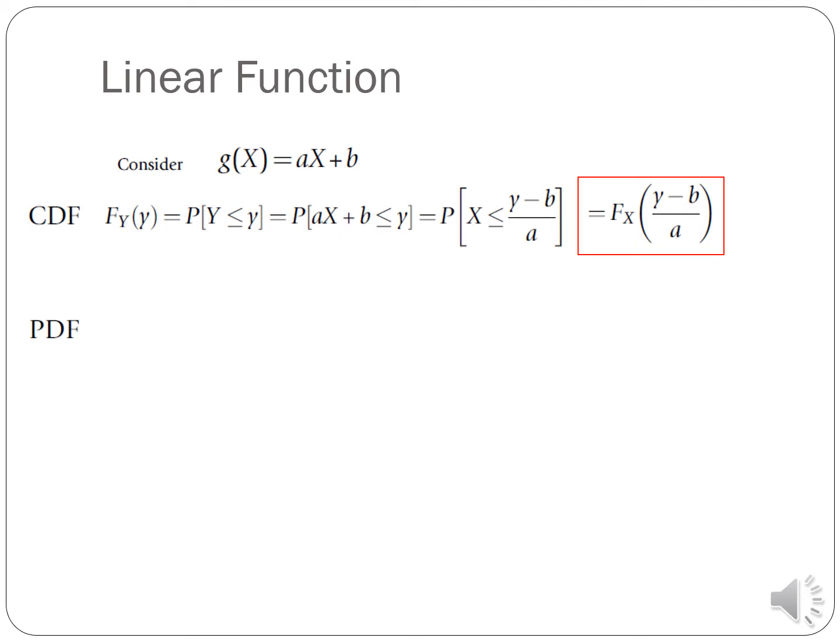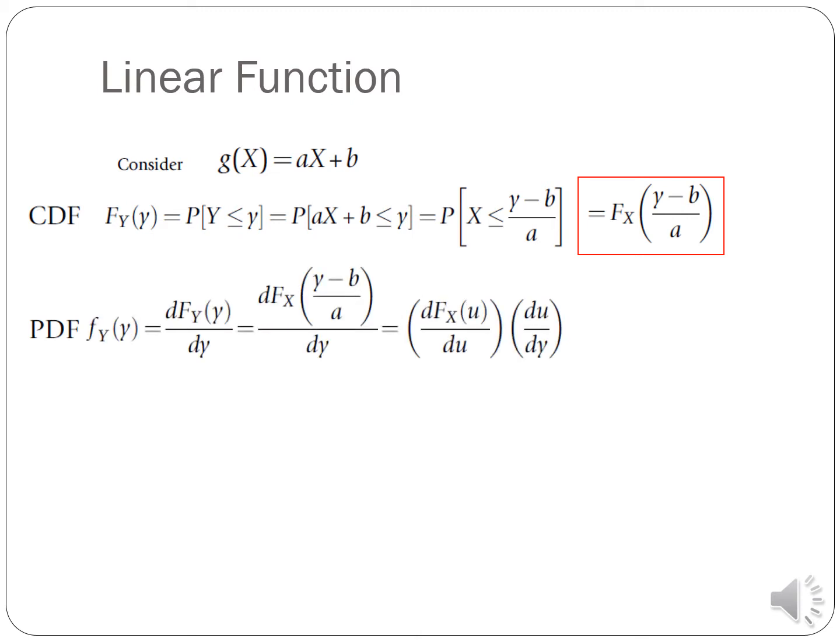So here we can see that we are not using the value of y. Instead we are using y minus b divided by a. Note that. If we already found out what the CDF is, we can just differentiate the CDF and find the PDF. So this is the expression of PDF.